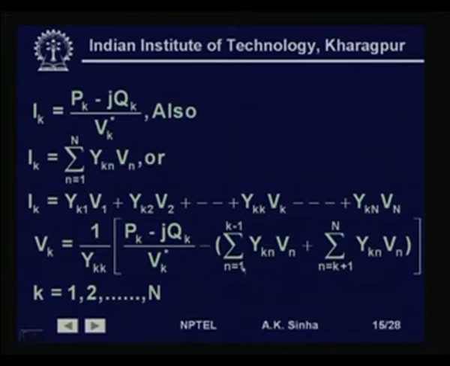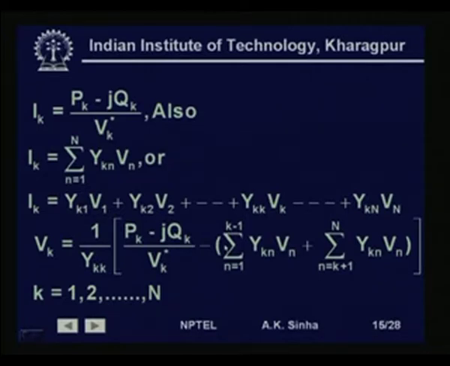So, n is equal to 1 to k minus 1 Y k n V n plus n is equal to k plus 1 to N Y k n V n. So, this is the equation that we get. That is what we have done: we have tried to write the equation for finding out V k, where k is equal to 1 to N. That is, for each bus we can write this equation.